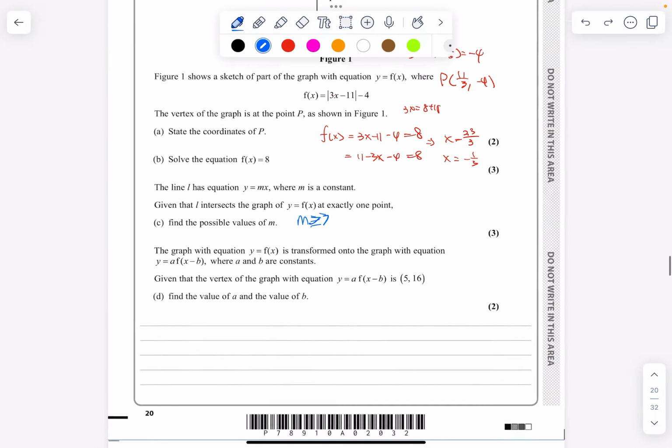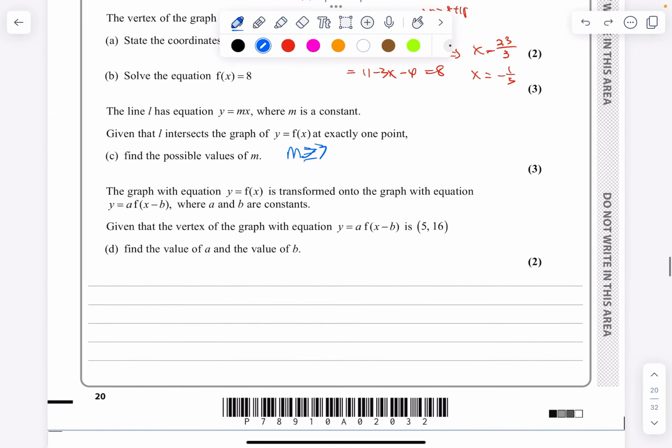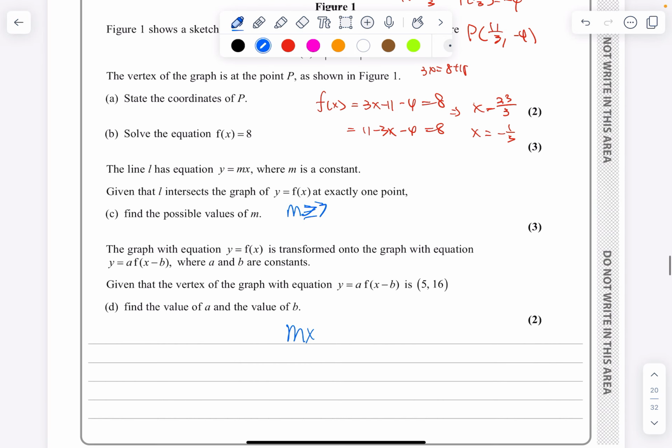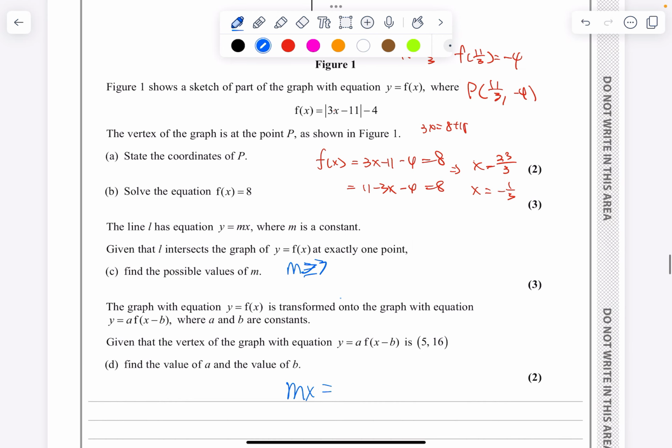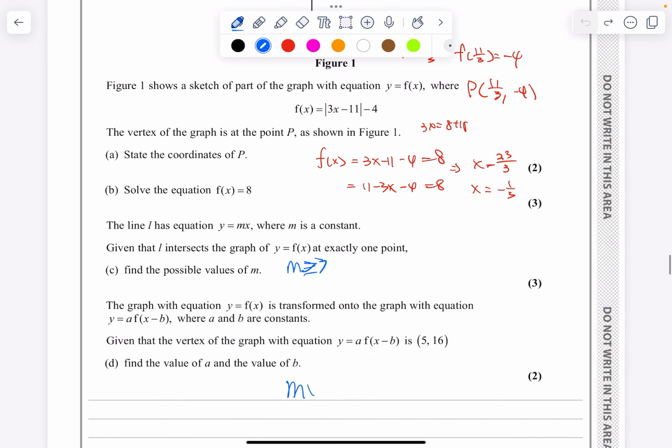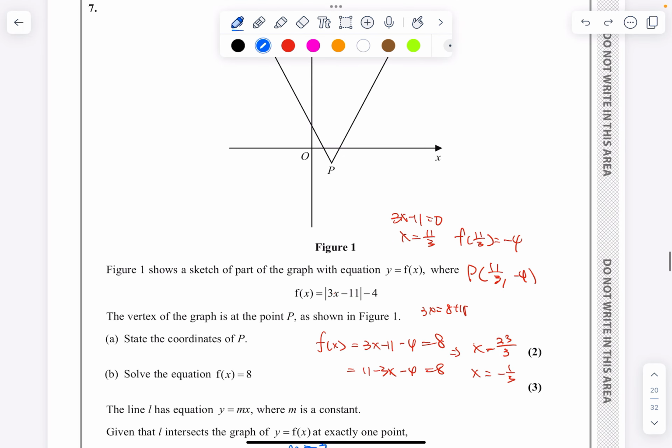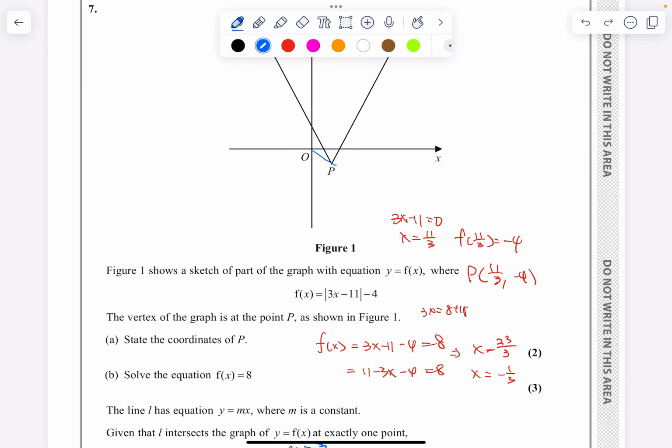So we have to solve, I think, mx equals, or actually, okay. Just now I mentioned one of the cases is it touches at P exactly, right?